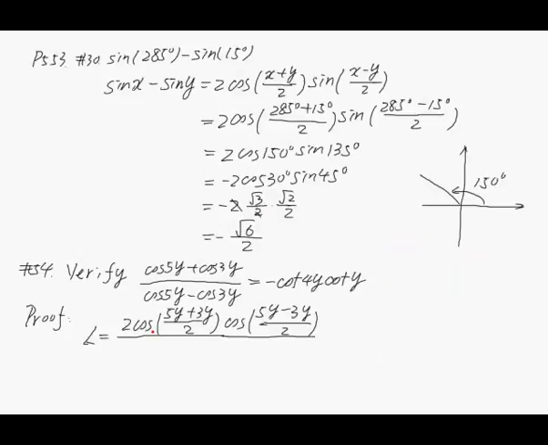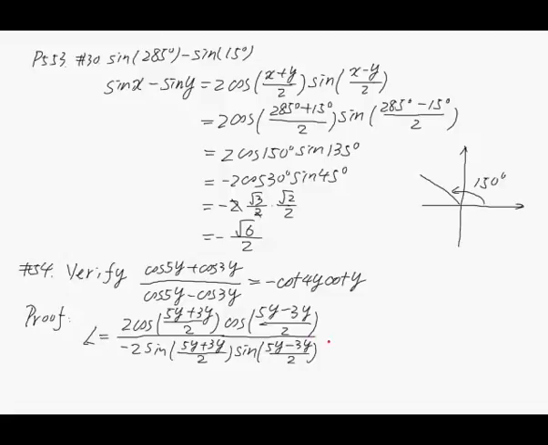So this denominator is equal to negative 2 times sine of (5y plus 3y) over 2 and times sine of (5y minus 3y) over 2.